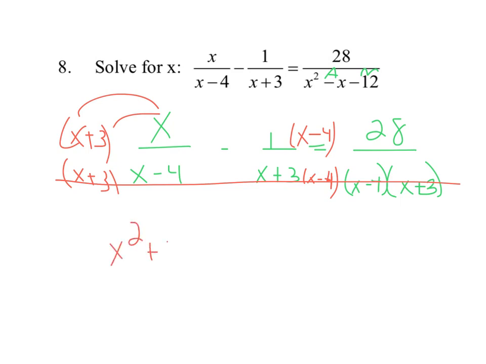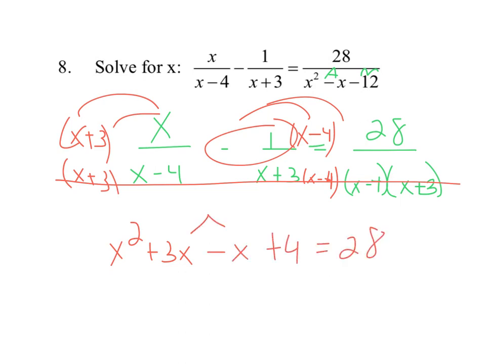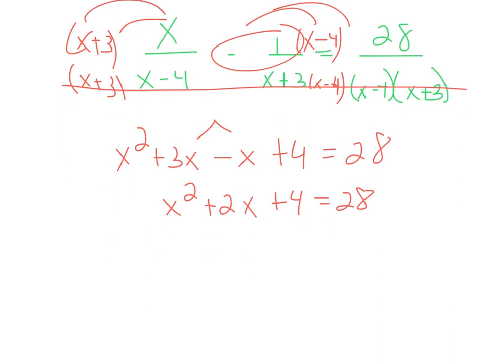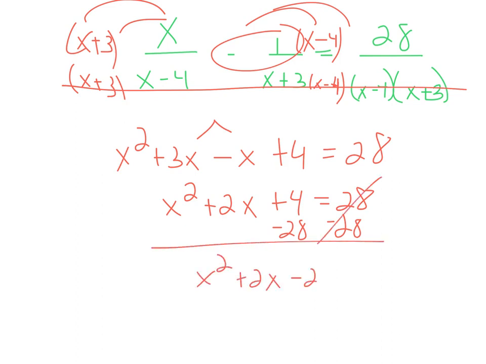So I get x squared plus 3x. This is -1 into both of these, so -x plus 4 equals 28. Combining my like terms on this side, I get 2x plus 4 equals 28. Quadratics like to equal 0, so I'm going to subtract the 28. I'm going to get x squared plus 2x minus 24 equals 0.